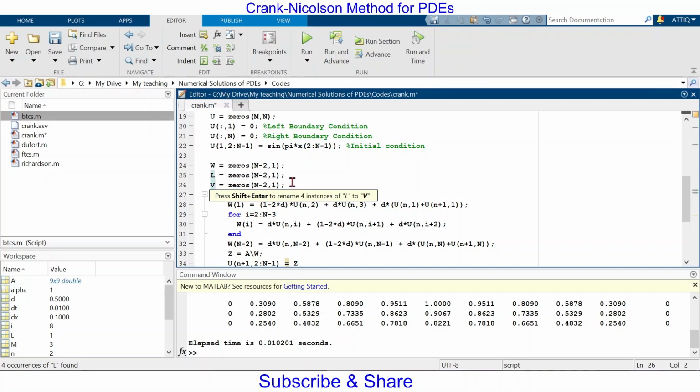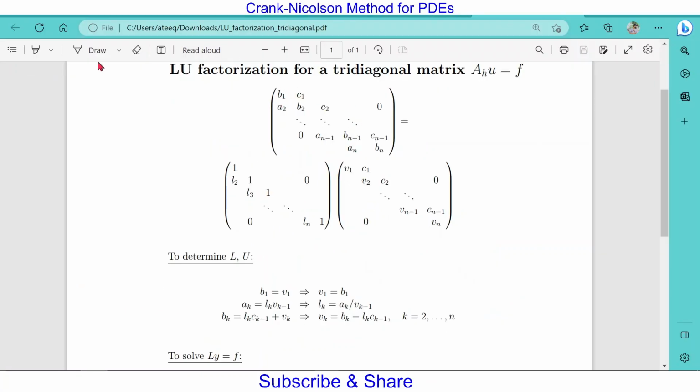Now the dimension of L should be like n minus 3 because there is no L1 entry. If you observe from here, there is no L1 entry here. But to be consistent with these values, I am introducing L as n minus 2 because L is starting from 2 but ending at n, and also V is ending at n.